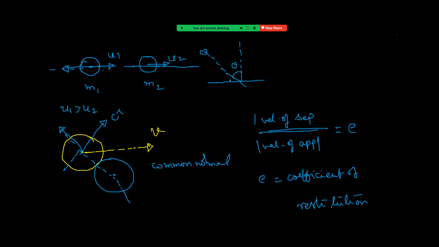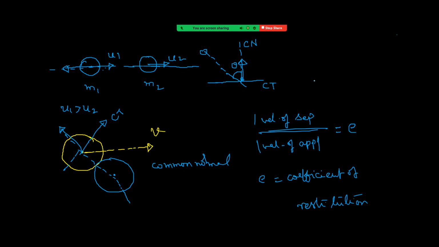Now the force acting on the ball by the ground will be vertically upward. This is the common normal direction because the impulsive force is acting along this line. And if you take the horizontal, that is the common tangential.